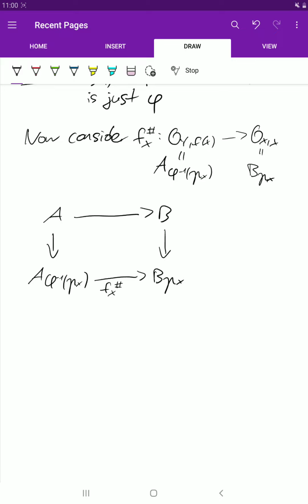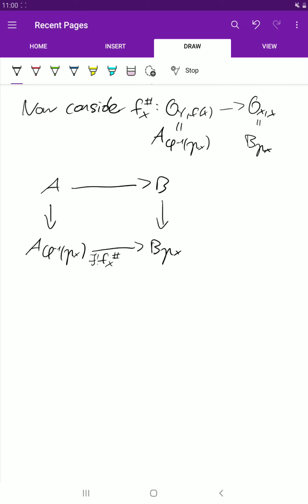In fact, by the universal property of the localization, we know that it's unique and it's a local homomorphism. So sorry, we have to show that it's a local homomorphism.